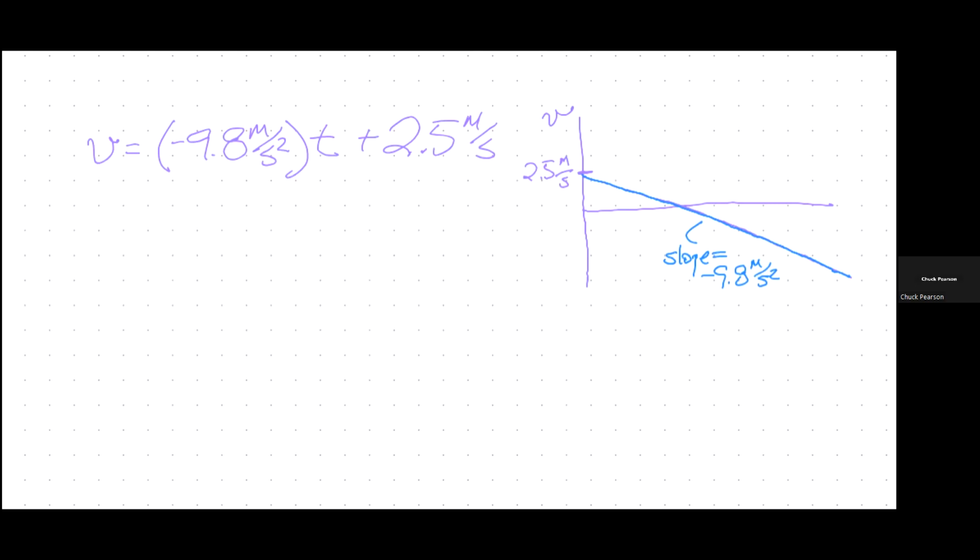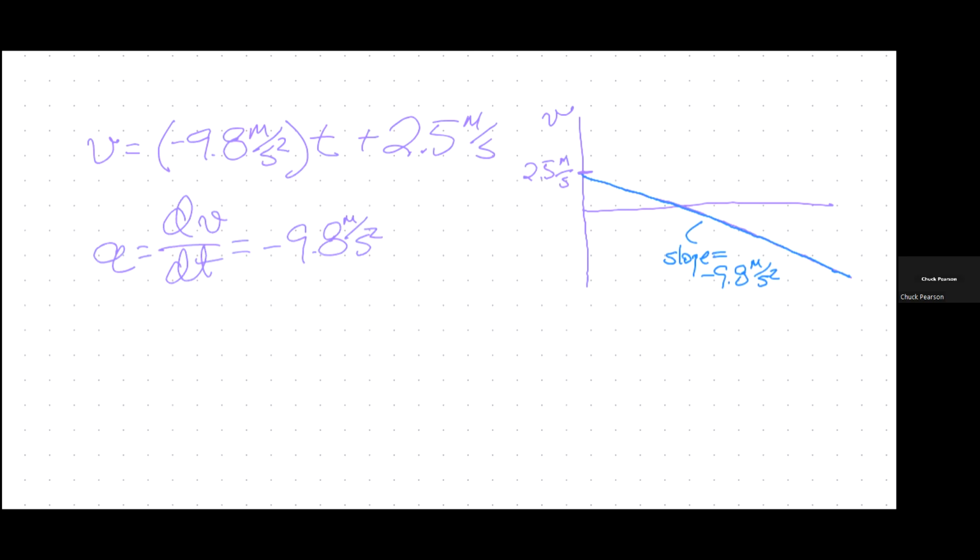Well, let's remind ourselves again, the acceleration is equal to dv dt. Now let's take a derivative again. Well, t to the first coming over, that's just going to leave negative 9.8 meters per second. And 2.5 meters per second times t to the 0, to take the derivative of that, well, that just cancels out and goes away.